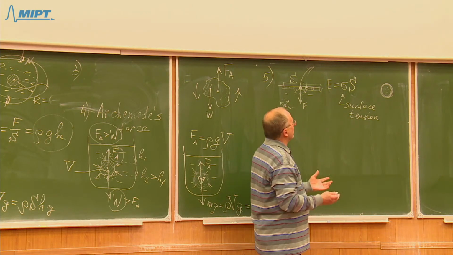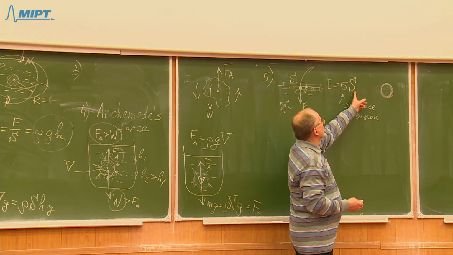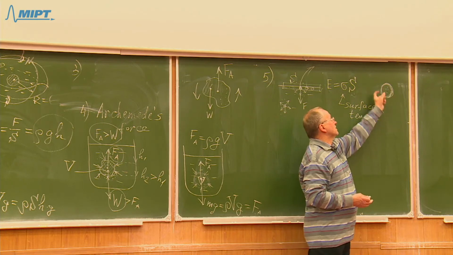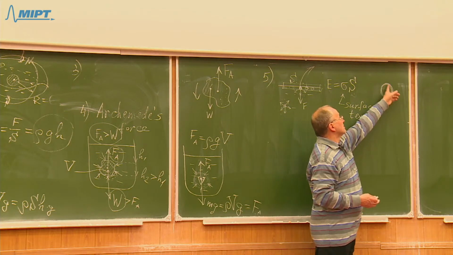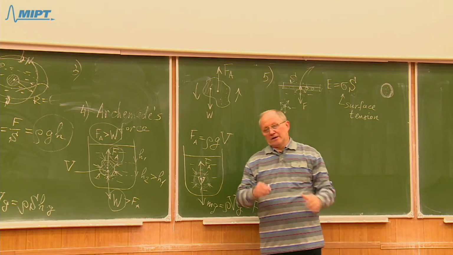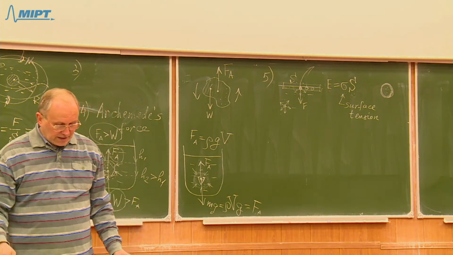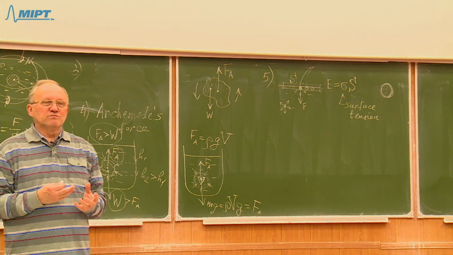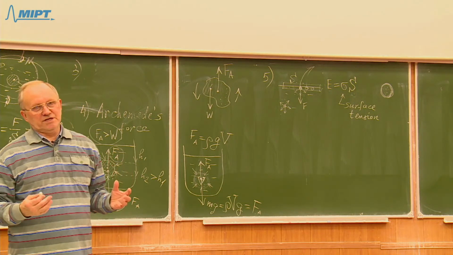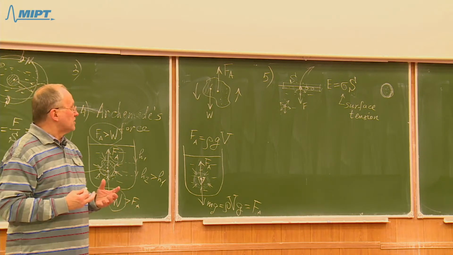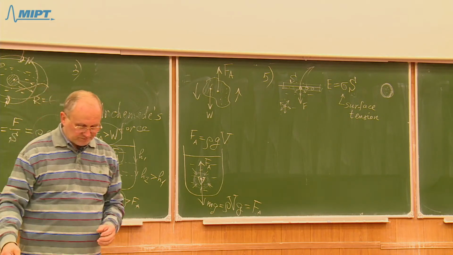And the minimum possible potential energy means the minimum surface area. And the minimum surface area of a given volume of liquid is achieved when the shape of this piece of liquid is spherical. Any other shape which differs from spherical shape will give you the same volume, but a larger surface area.